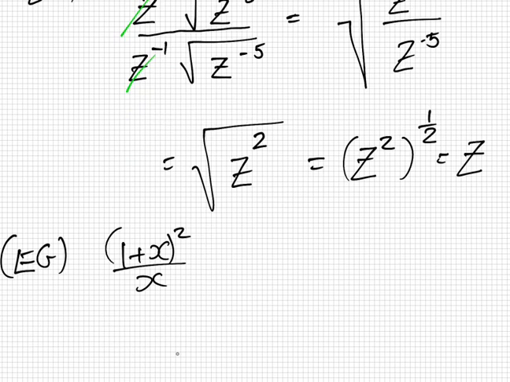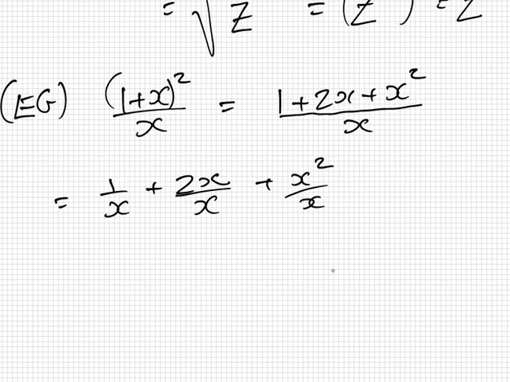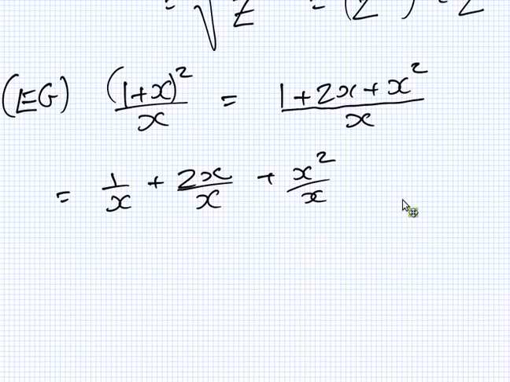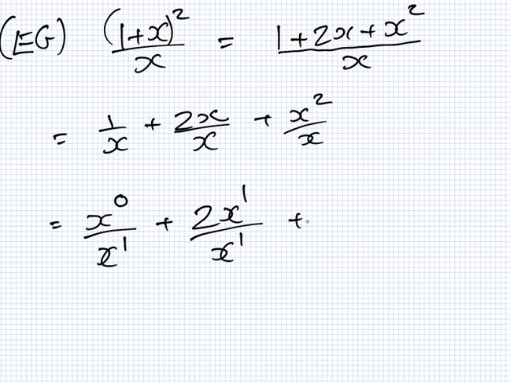Pascal's triangle, yeah. So on the top we get 1 plus 2x plus x squared all over x, which is 1 over x plus 2x over x plus x squared over x, which, if you want to be really clear, is x^0 over x^1 plus 2x^1 over x^1 plus x^2 over x^1.